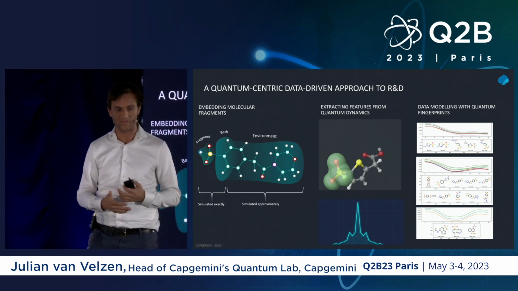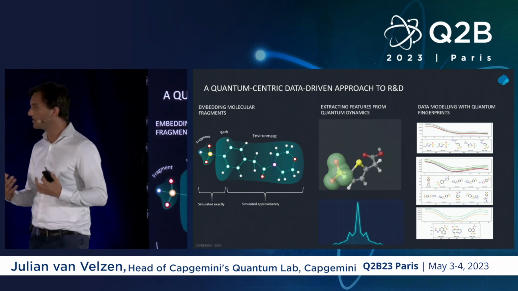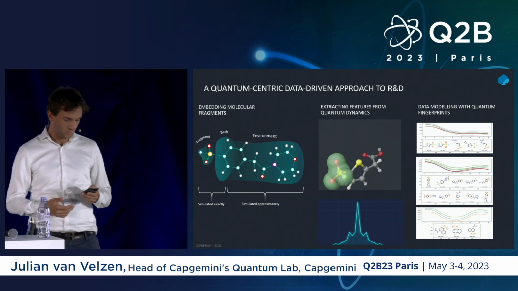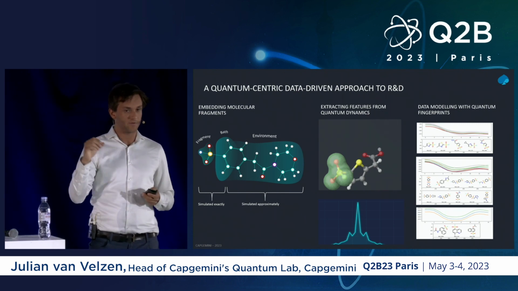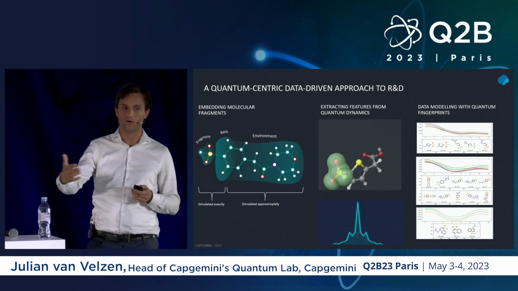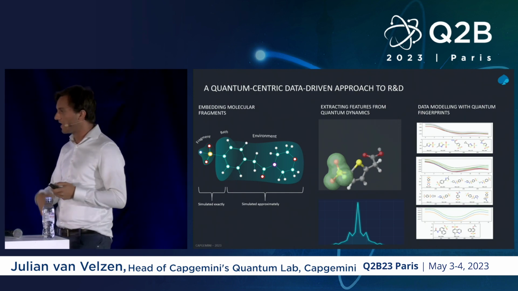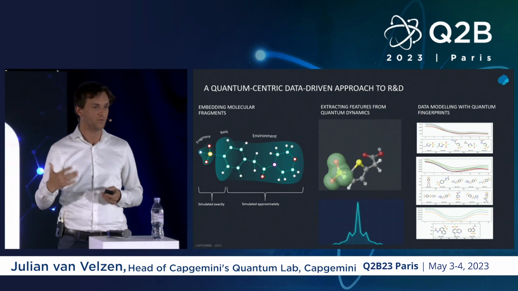The next step would be then to extract quantum features from this. And in this case, there should be a video, where they gave a kick to this electron and then measured how it evolved over time. And it showed to be very informative for our machine learning pipeline.